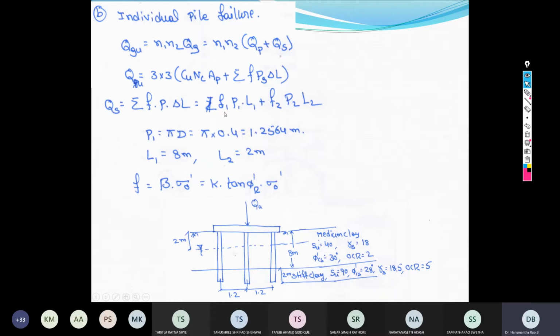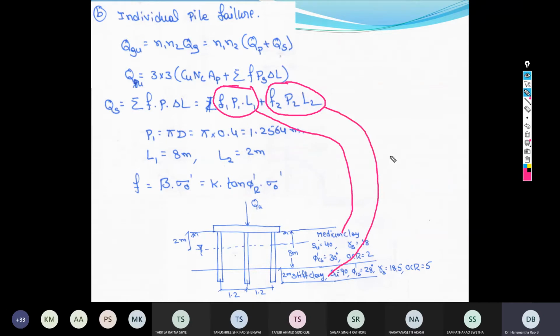Therefore it is f1 into p1 into L1 plus f2 into p2 into L2. This is for the first layer, the medium clay, and this is for the second layer, the stiff clay.